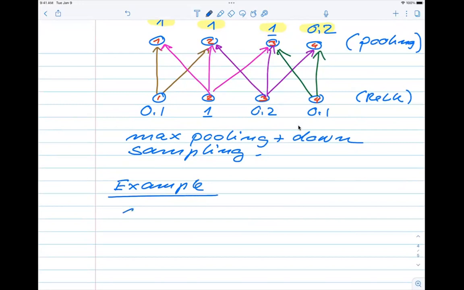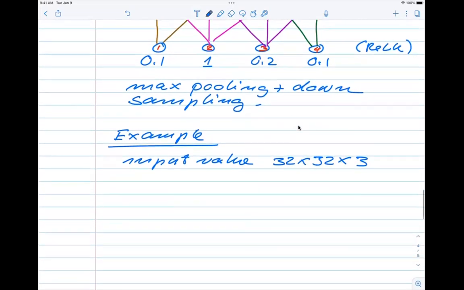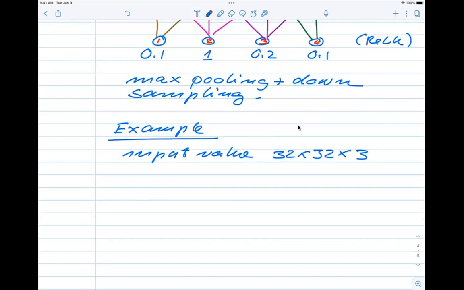Suppose now that we have an image with an input volume, and we have 3 color channels. So we have 32 times 32 times 3. That's the input image. And what we are going to do now is, instead of just producing 1 output, to produce 10 outputs from the convolution stage.